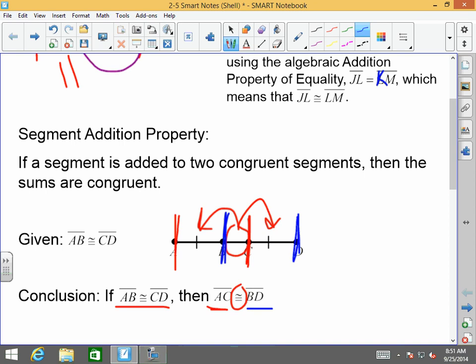This is a very simple postulate, but at the same time a very powerful postulate. So again, if a segment is added to two congruent segments, then the sums are congruent. Does that make sense? All right, brothers. Let us continue then.